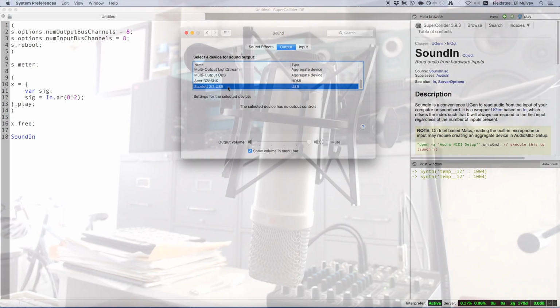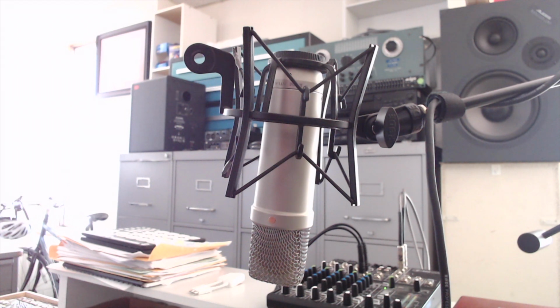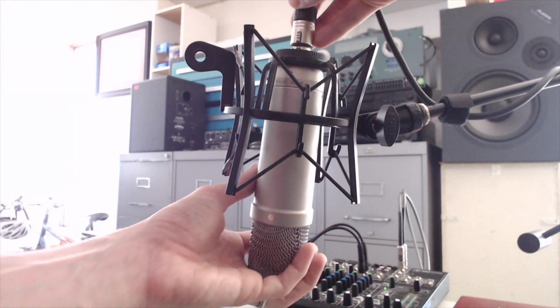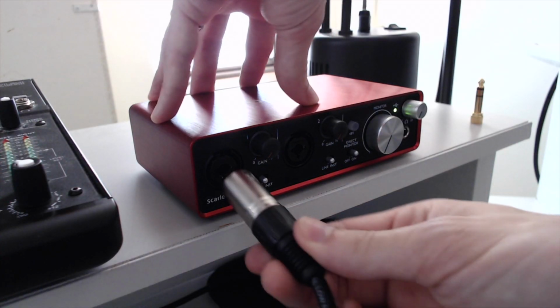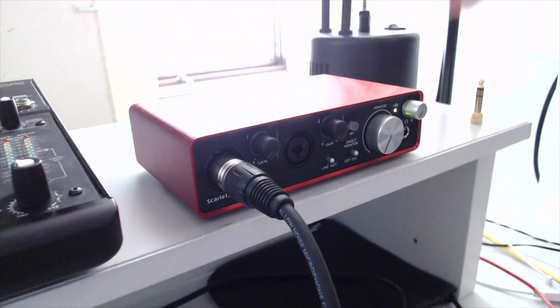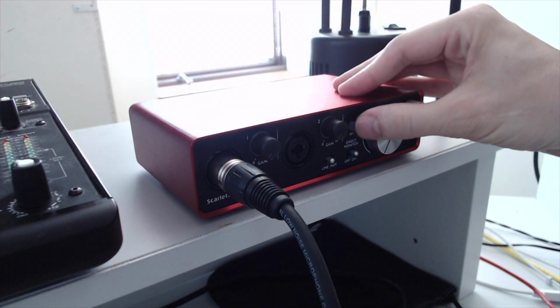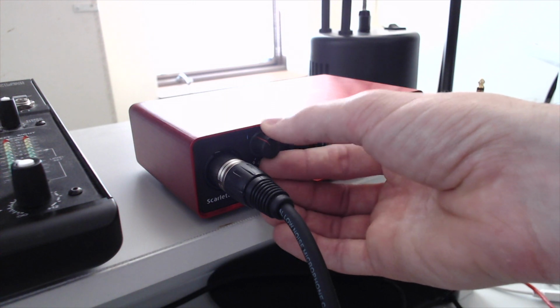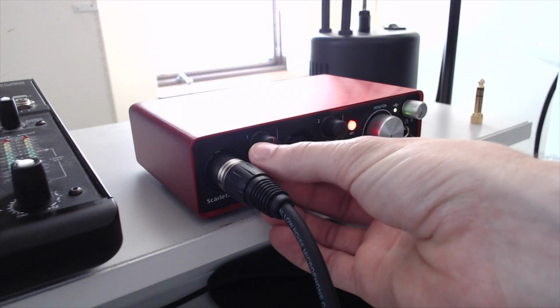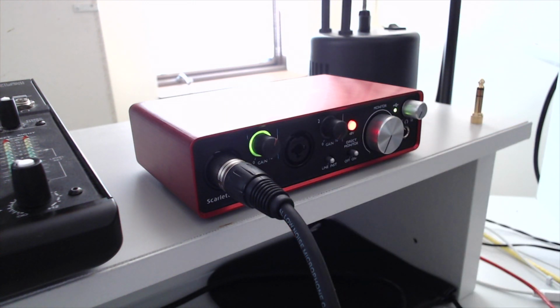And for my microphone, I've got a Rode NT1A. It's a large diaphragm condenser. So I'll just take my XLR cable, plug it into the mic, and the other end goes into the first input on the Focusrite. This mic needs phantom power, so make sure that's on. And then set the preamplifier gain to an appropriate level. I know from experience that this knob needs to be set around 1 or 2 o'clock, sort of right here. I'm also going to use this interface for output monitoring.